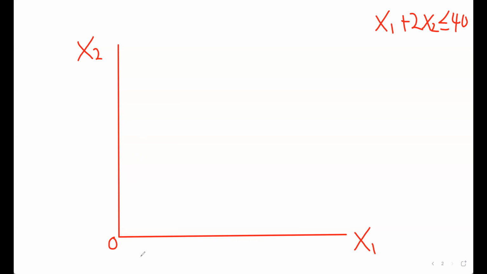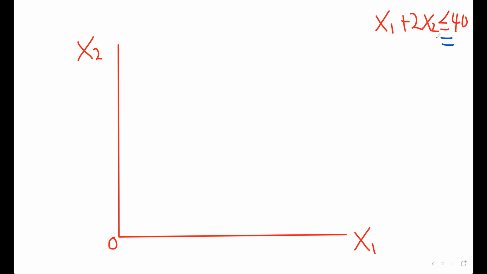Now, to draw this, you have to assume the maximum. The only way you can assume the maximum value is to make the less than or equal to an equal to. When you make it equal to, what does that mean? It means that the left-hand side equals the right-hand side.